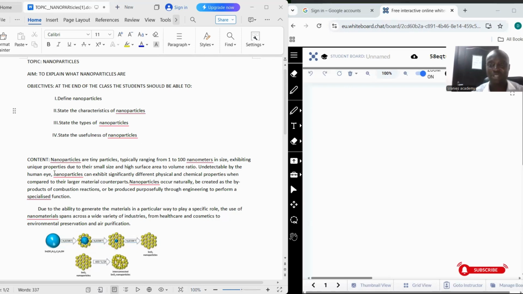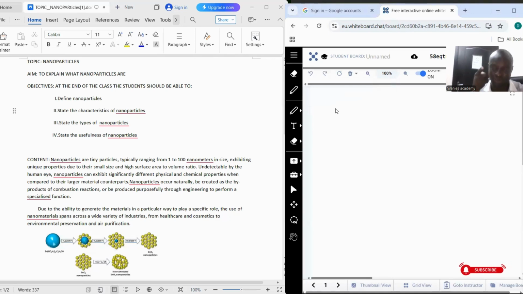So if we are to put this in proper context, what do we refer to as a nanometer? Now, a nanometer is 1 billionth. That means 1 out of a billion, so 1 over 1 billion.